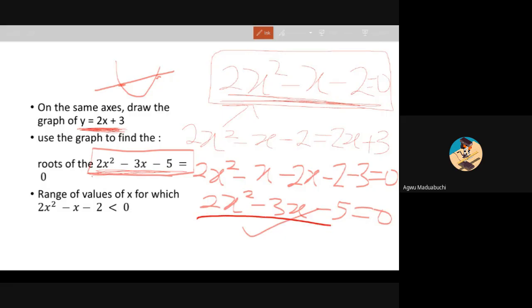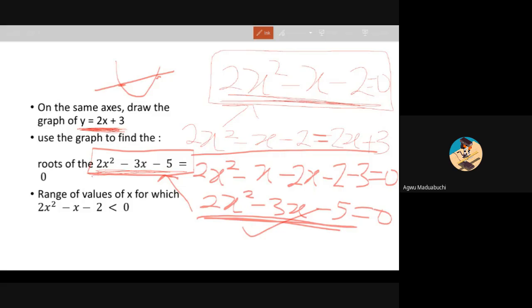So I just told you how this was gotten. If you equate both of them here and collect like terms, you get this equation we are being asked to find the root of. Remember yesterday we were saying, what does it mean when they say find the root? Just find the values when that equation is solved. If it was just a quadratic equation, you use either the formula method, completing the square, or factorization.